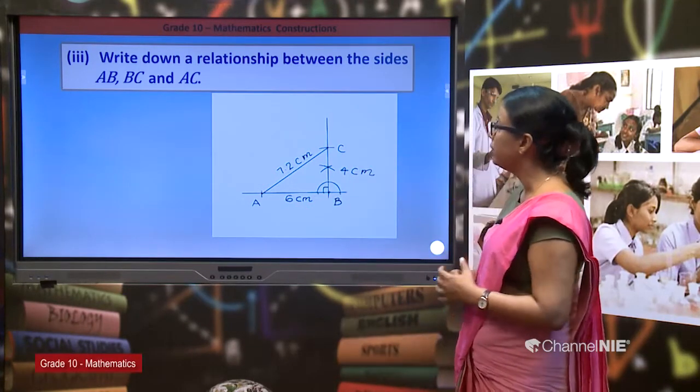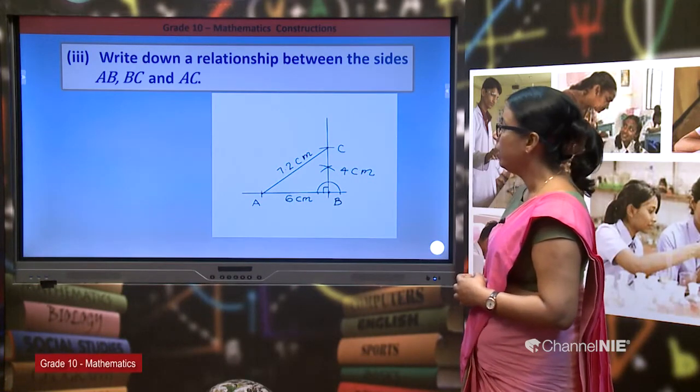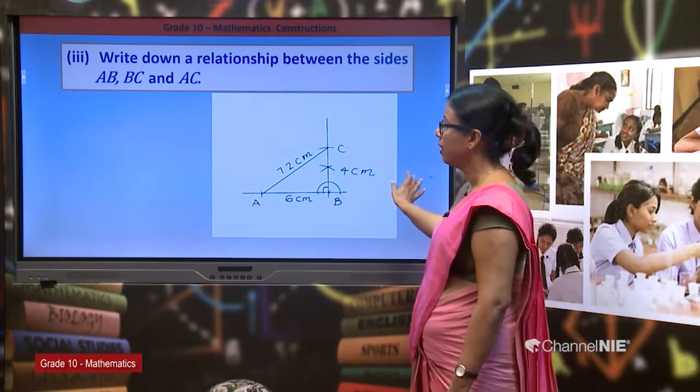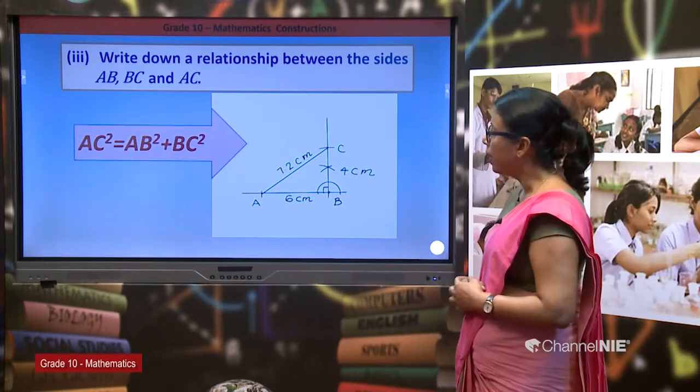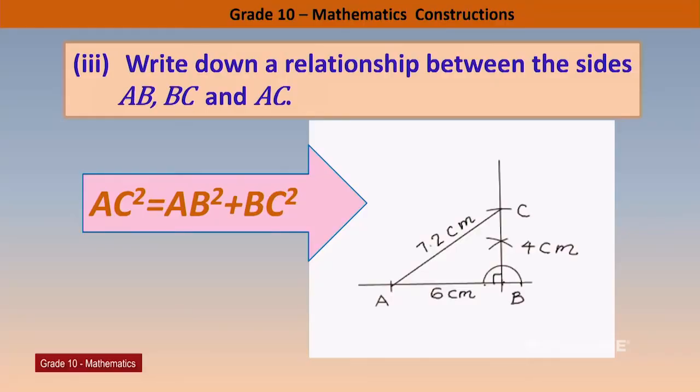So, when we consider the lengths of AB, AC and BC, we can write a relation: AC squared equals AB squared plus BC squared. See, the longest side opposite to 90, the hypotenuse, we can apply Pythagorean's theorem.